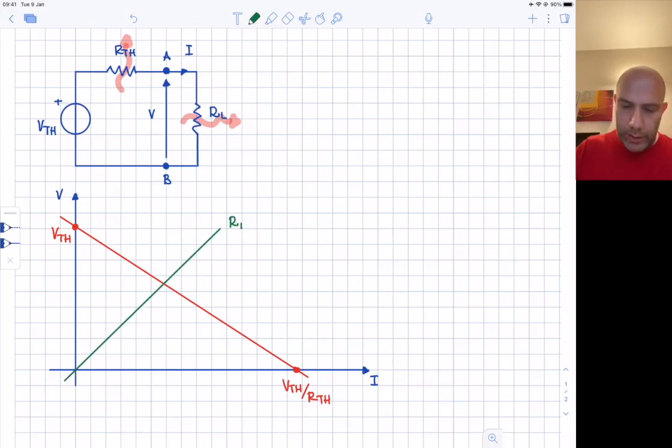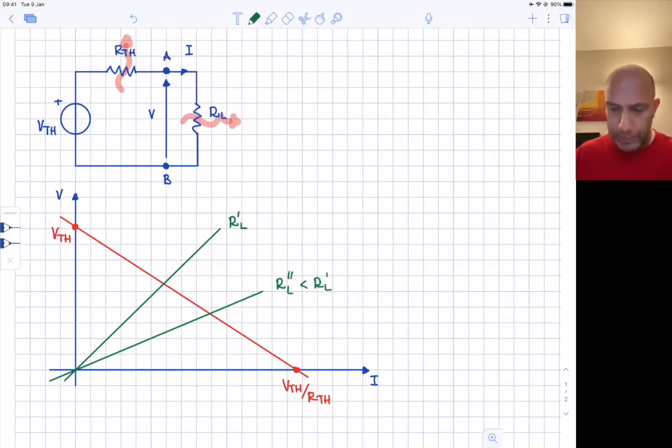Let's call this line RL prime, in the sense that if we change the value of RL, for example, we decrease the value of RL, we have another straight line with a different slope, and in this case RL double prime is lower than RL prime.